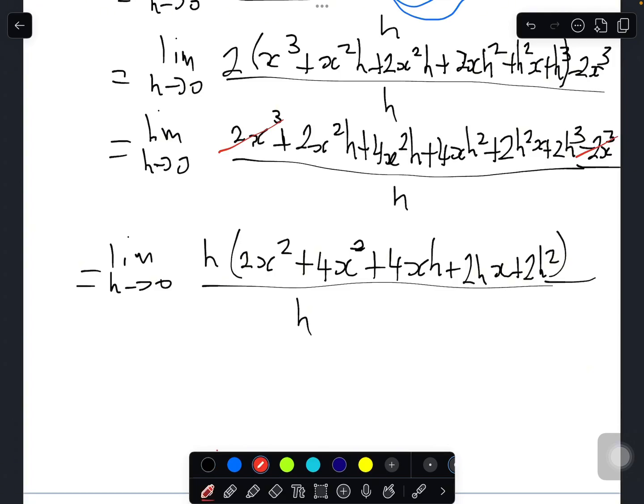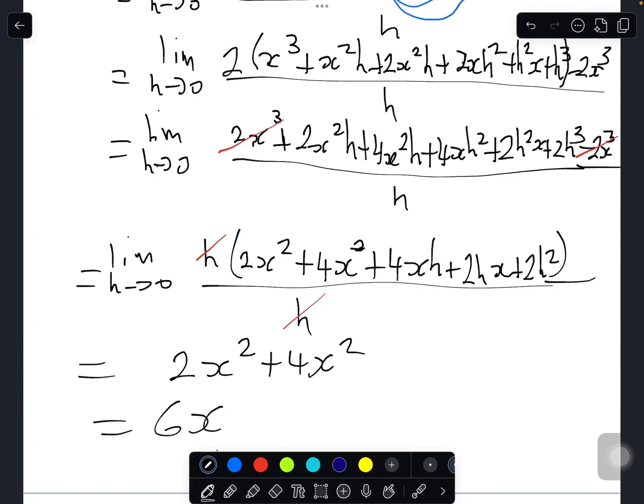Okay, this h will now cancel with this h. If I then applied my limit, I would just get 2x squared plus 4x squared, and my final answer is just 6x squared.